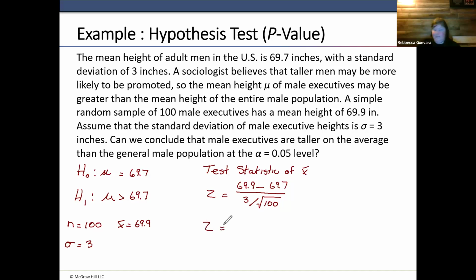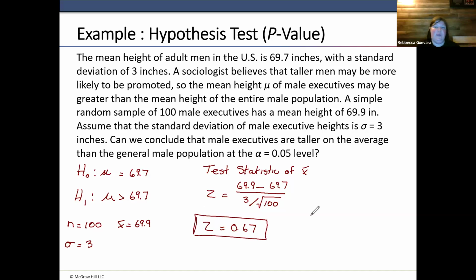So my test statistic, that's my calculator, is 0.2 divided by 3 divided by the square root of 100. And that is going to be 0.67. I had something wrong with my calculation there.